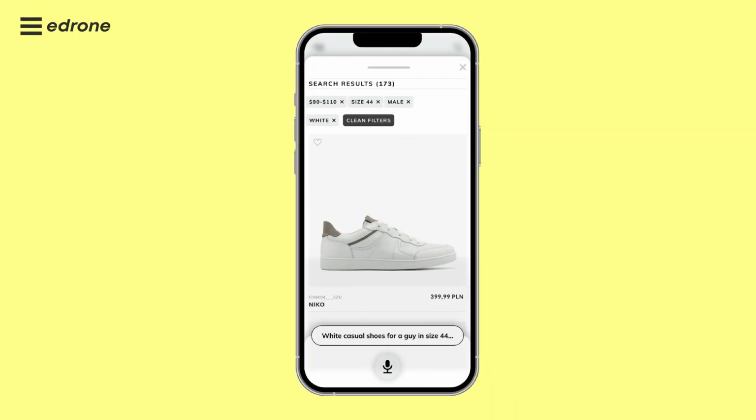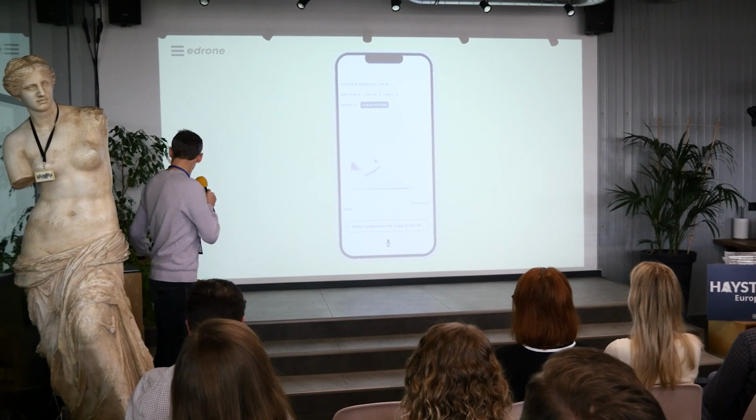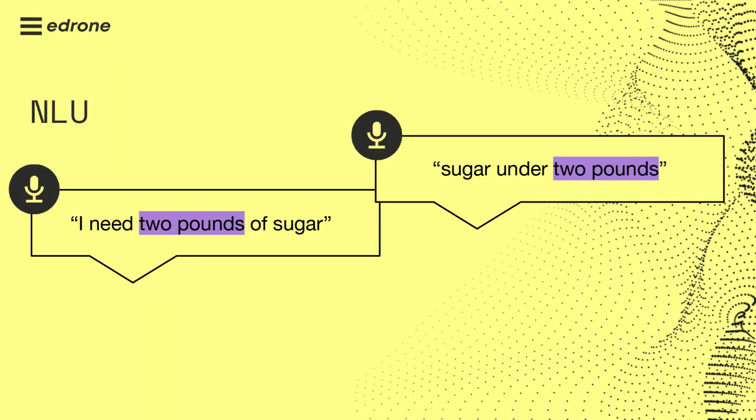Okay, so this is an example of one of the UIs that we've had, and you see the attributes extracted there from the user utterance. So here are a couple of examples why NLU is hard, right? Basically it's all around ambiguity. The meaning is very often in the context, right?